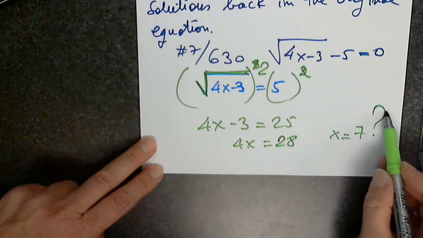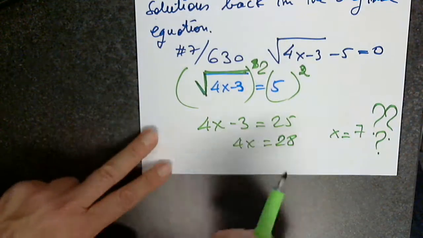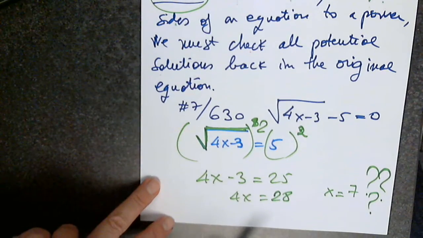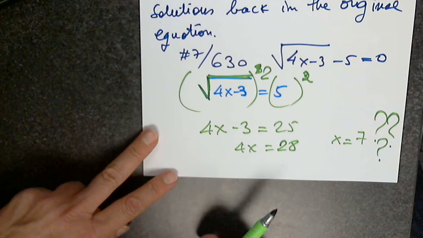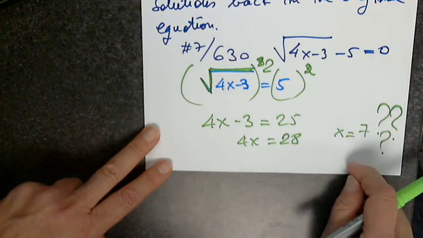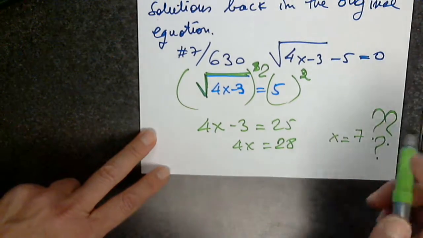But it comes with a big question mark. Why? You have to check. Right. That's the note we just wrote. Every time I raise both sides to a power, 2, 3, 4, 5, I have to check the potential solution. It's not a solution just yet.